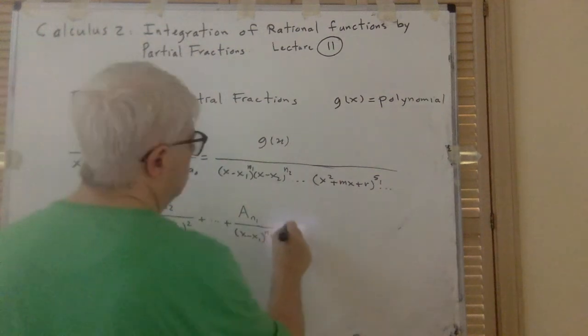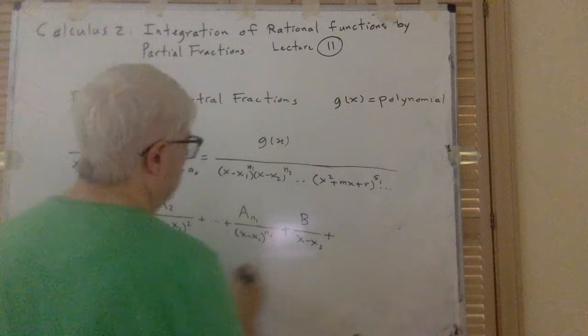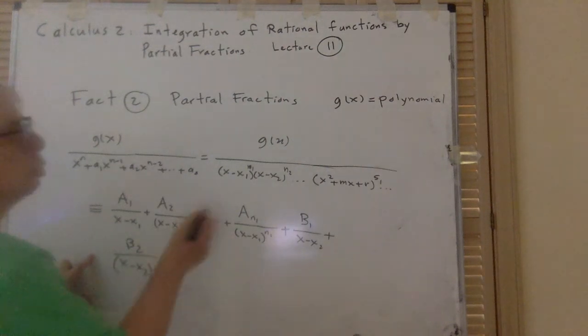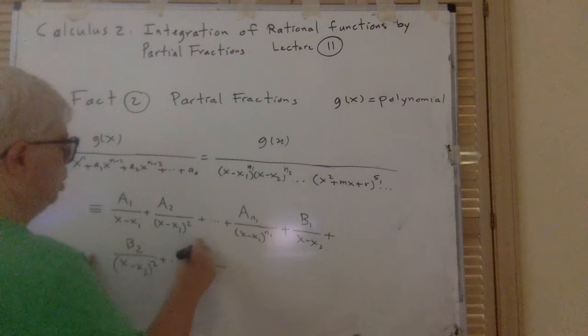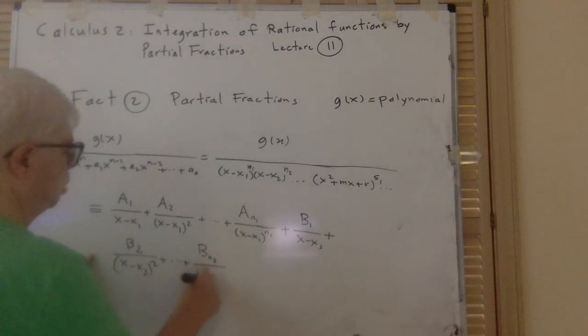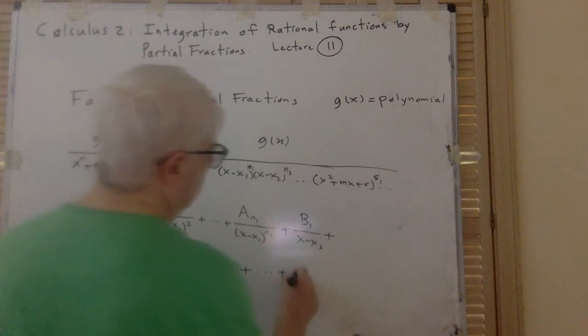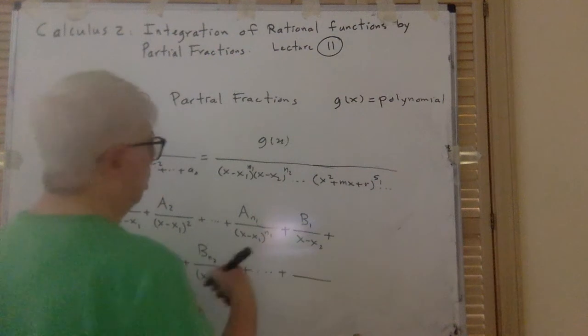And the same happens to this one: b1 over (x minus x2) plus b2 over (x minus x2) squared, up to b_n2 over (x minus x2) to the power n2. And this continues until we get this. For the quadratic factor, something similar happens, except we have something like this.